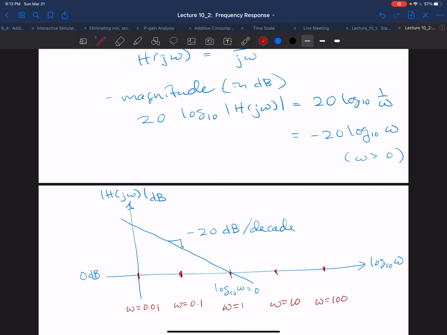So each of these is what we call a decade. So here, for instance, if we're a decade lower than the frequency at which that intercept occurs, the modulus will have to be 20 decibels. And 2 decades lower, it will be 40 decibels, because again, the slope is minus 20 decibels per decade.